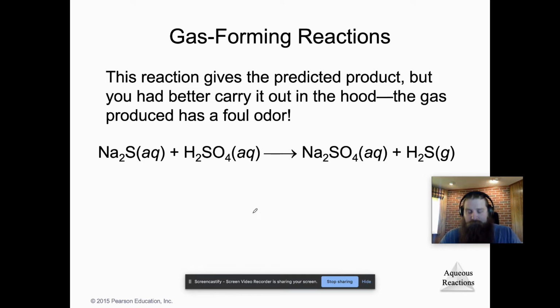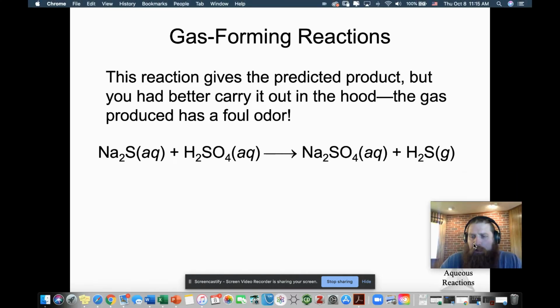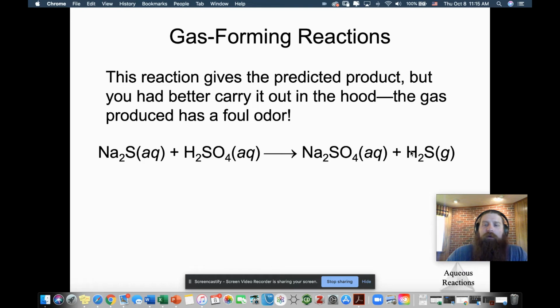This is just a great example of chemistry not following all of its rules, right? But this would be an example of producing a gas. So when I look at this and I'm like, hey, why is this a gas? Well, look at your solubility rules. You'll notice that when sulfur is S-2, it's not going to dissolve. However, it's not going to be a solid here. It's going to be a gas. Okay.